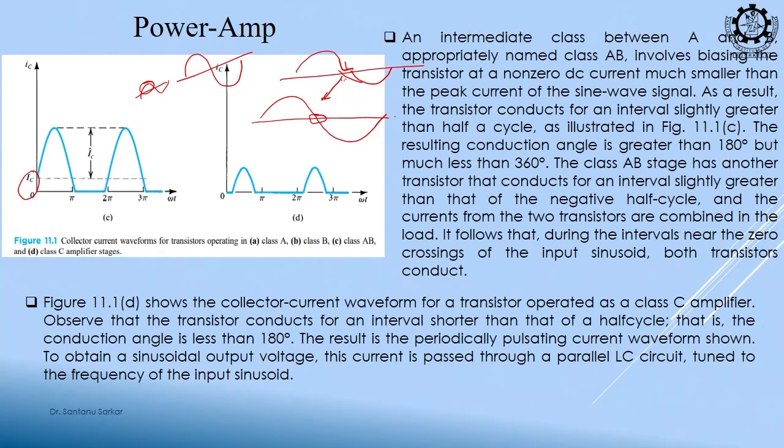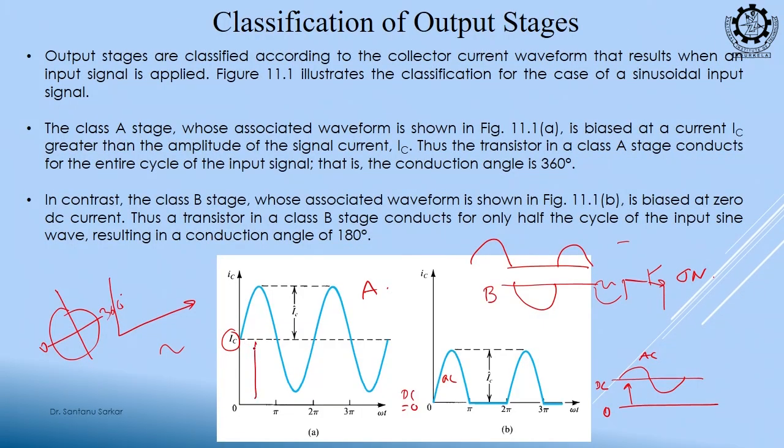I am not adding a very large DC like this. See, this is quite large. So, this DC should be at least larger than this negative peak, minus IP, otherwise what will happen? This will go off.